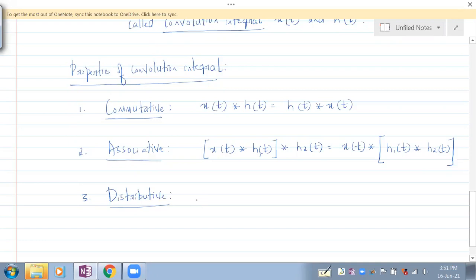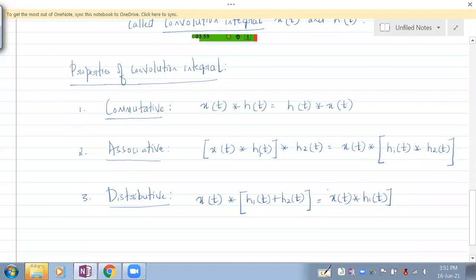So x of t convolution integral h1 of t plus h2 of t is actually given by x of t convolution integral h1 of t, summed with x of t convolution integral of h2 of t.